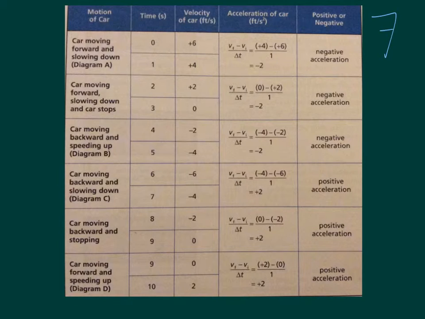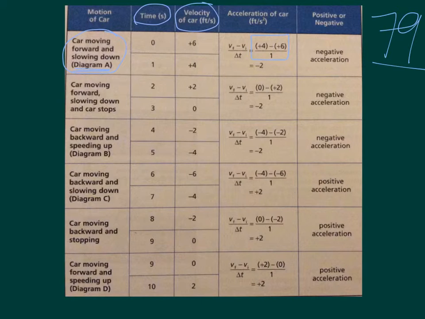On page 79 in your reading, there's an example of you going to your friend's house. At first, your car is moving forward but slowing down, as shown in diagram A on page 79. When you look at the math, we've got our time measurement here, our velocity measurements here.